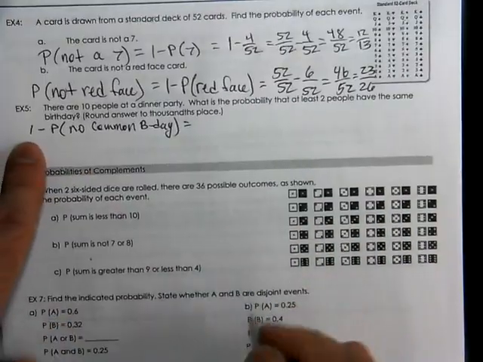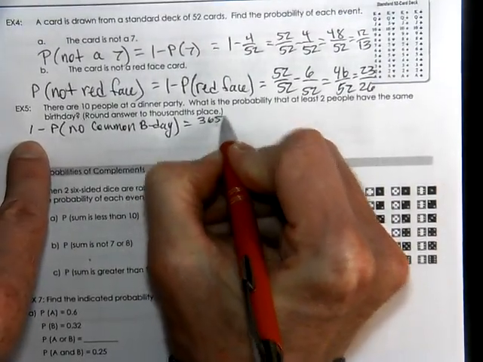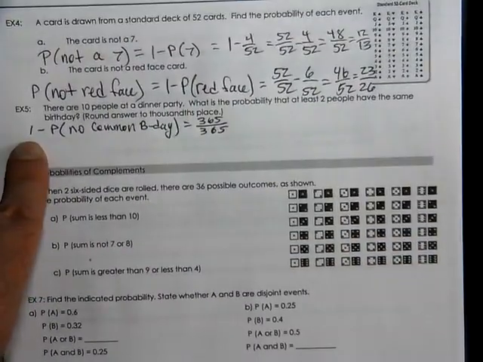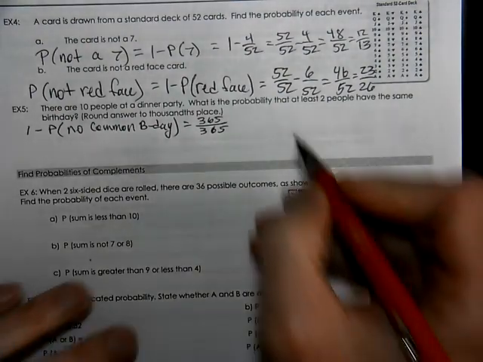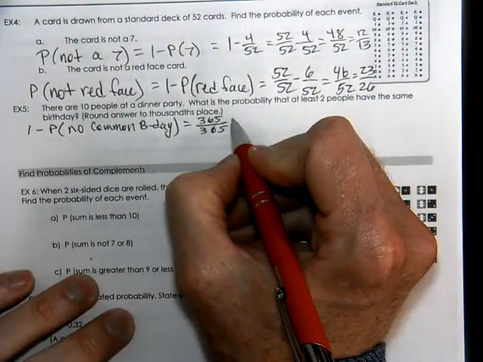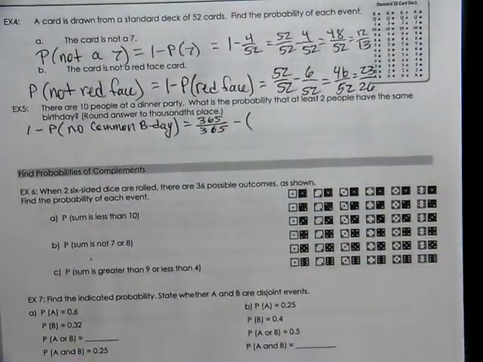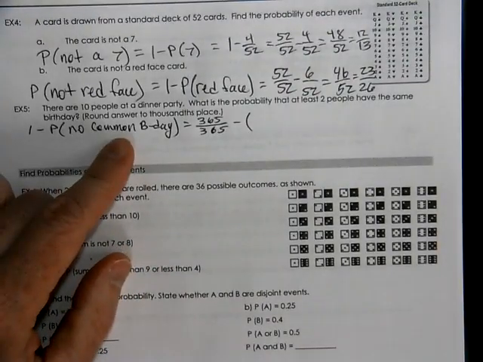So we know that 1 is going to be, it has to have common denominators. So since your birthday can be any of the 365, 1 is going to be represented by 365 divided by 365. And we're going to subtract that by the probability that no one has the same birthday.